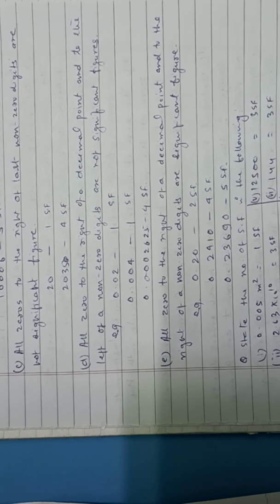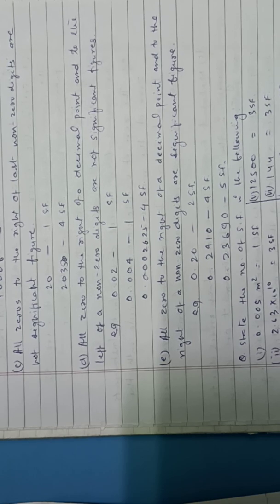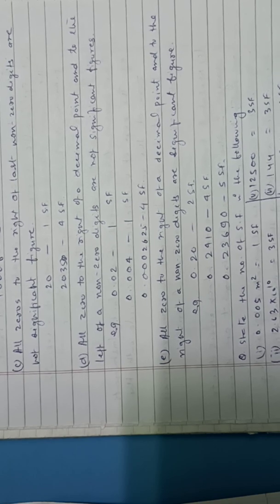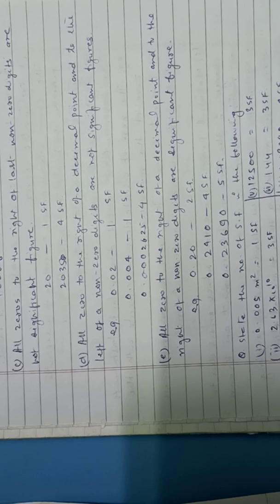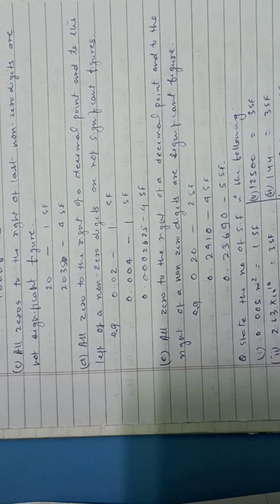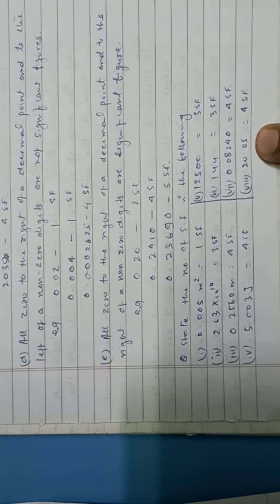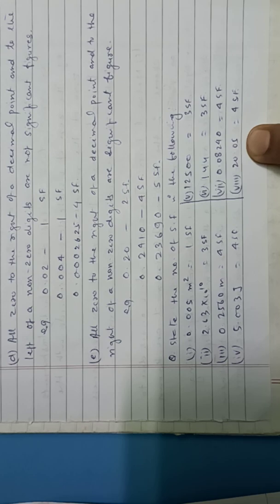Here again you have to take care: to the right of a decimal point, the rightmost 0 is significant. So 8240 contains 4 significant figures. 20.050: the 0 occurs between 2 non-zero digits, and it contains 4 significant figures.